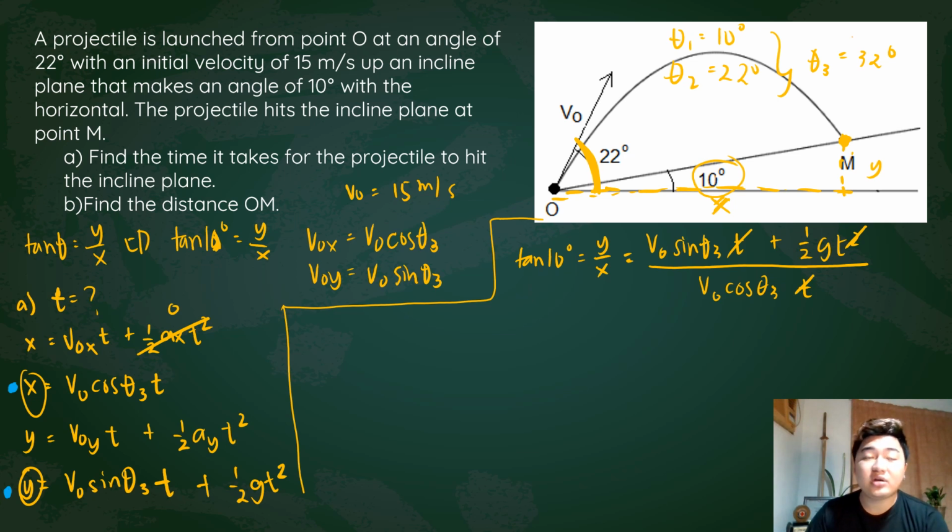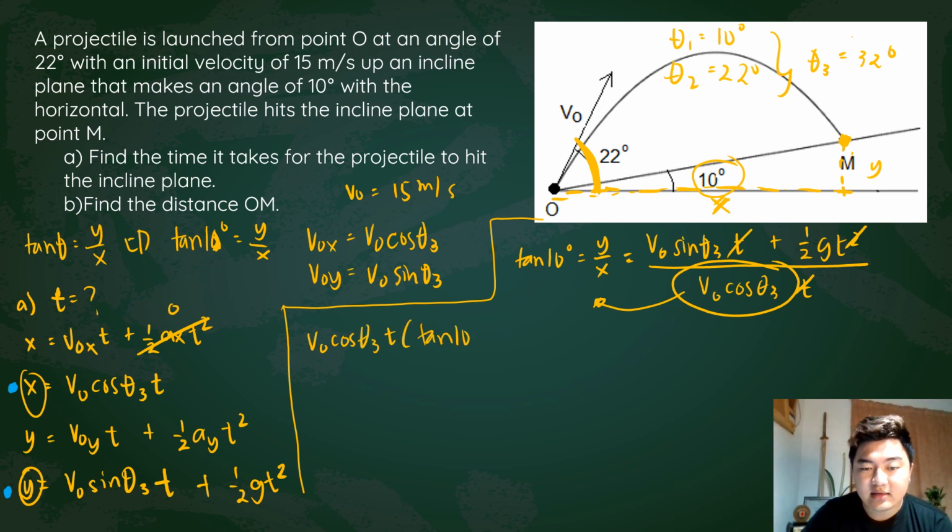Now, rearranging your equation, if we transpose this one to the other side, then we get v0 cosine angle times time times tangent 10 degrees, which is equal to v0 sine theta times time.